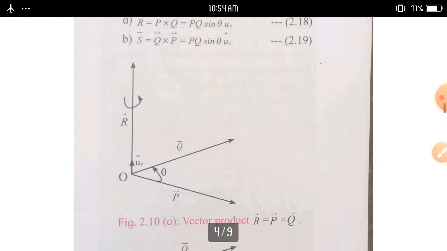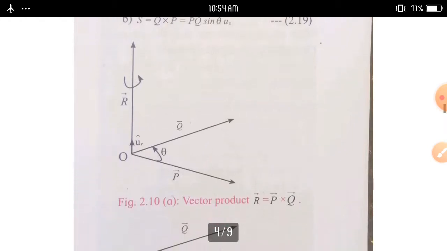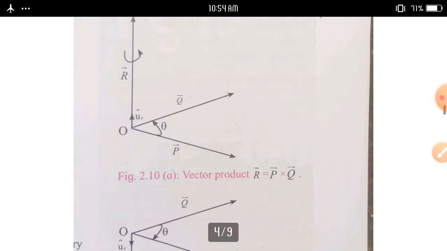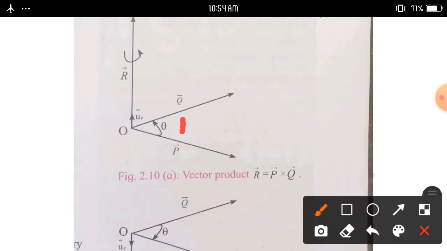Suppose we consider two vectors, p bar and q bar, with directions in this way, and the angle made between these two vectors is theta. According to this we can find the resultant according to the right hand screw rule.